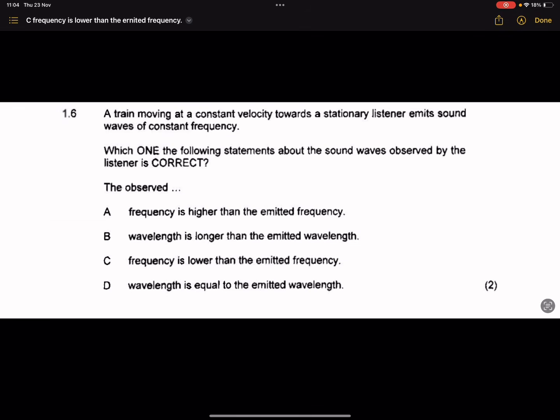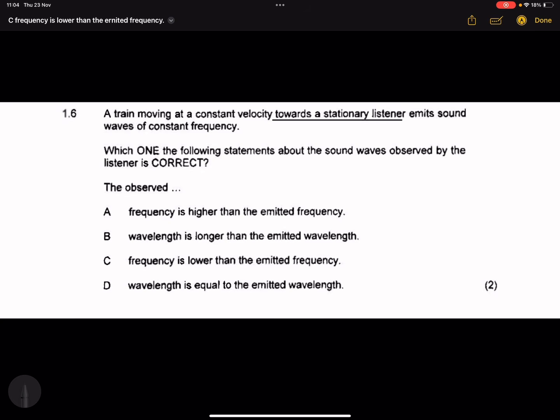Right, moving right along, they say a train moving at a constant velocity towards a stationary listener, right? So remember, first of all, it is towards. They say this train emits sound waves at constant frequency. They say which one of the statements about the sound waves observed by the listener is correct.